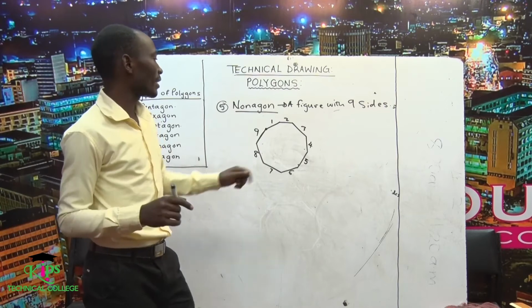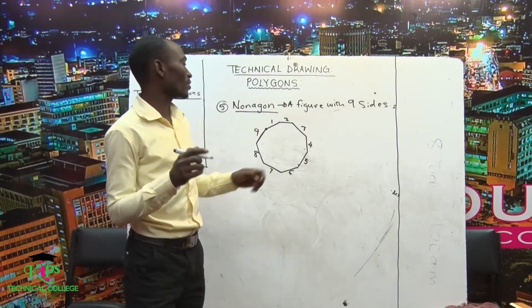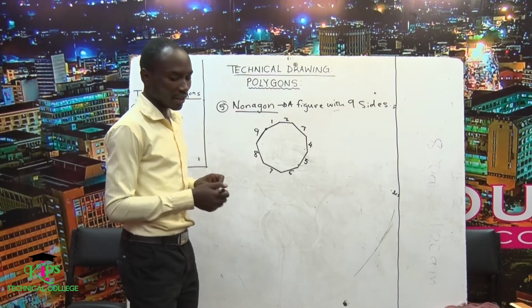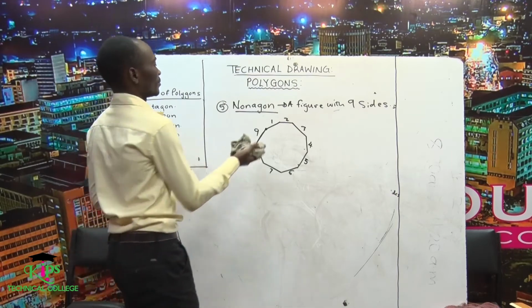It is called a nonagon. Let's go to the last one.